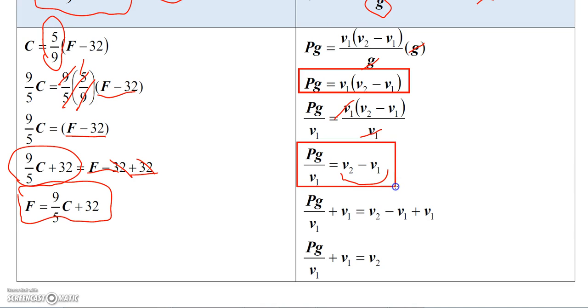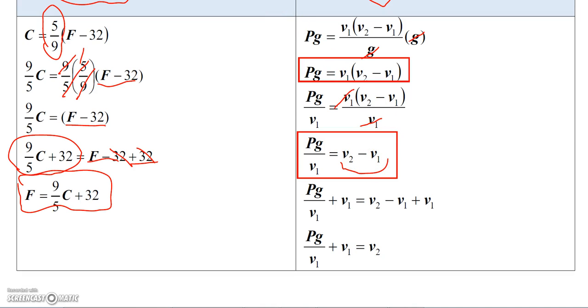Now remember, I wanted to solve for V2. All I have to do to solve for V2 is get rid of this V1 from the right-hand side. Since that's a minus V1, I can do that if I add V1 to the right-hand side. Then I can add V1 to that side as long as I add V1 to the other side.